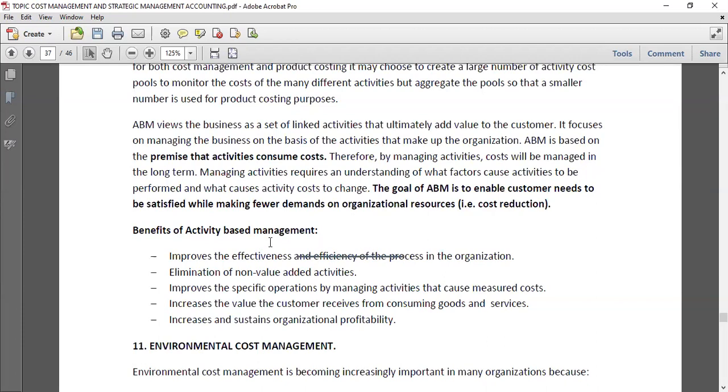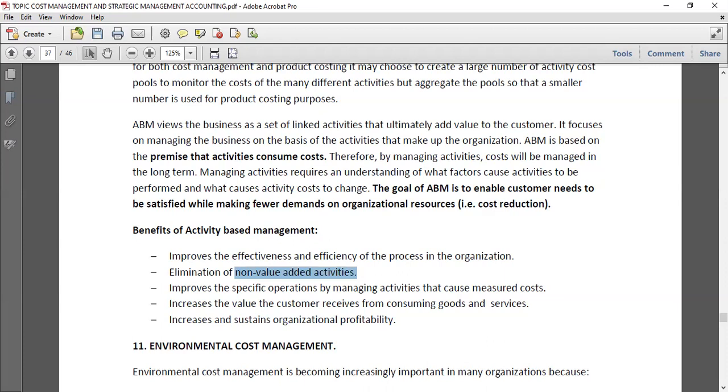Remember, during ABM, you're looking at activities that are value adding and adding more money onto them or improving them. Activities that are not adding any value, you are actually doing away with them. So you're basically improving your efficiency and effectiveness. The other is, of course, eliminating any non-value-added activities, which means that you're reducing your costs.